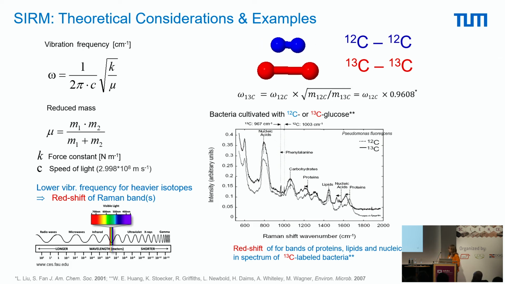For example, Wei Huang showed that if bacteria are cultivated with 13C glucose instead of 12C glucose, a redshift of protein, nucleic acid, and lipid bands can be observed, and the especially sharp phenylalanine band is suitable for the analysis.